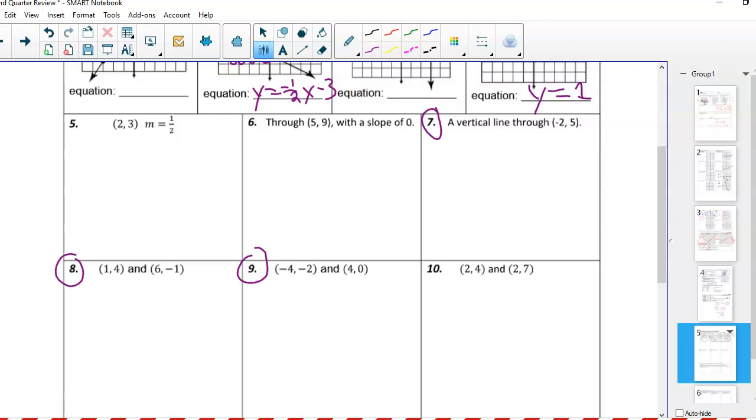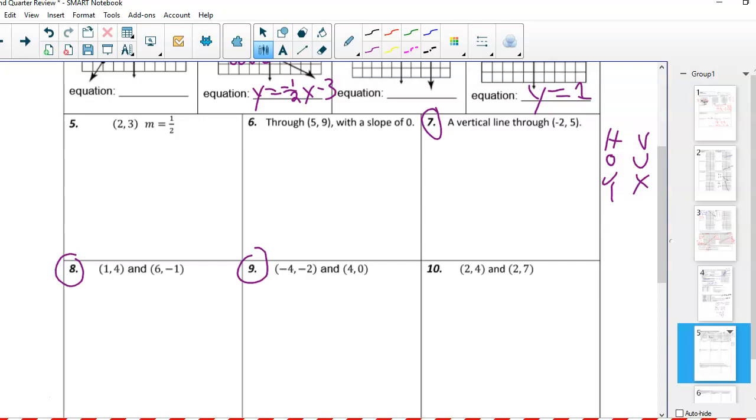Okay, so anytime it gives you a word problem like a vertical line through this point, or a slope of 0 or undefined, these two problems are very much the same. They're going to be solved very similarly. A vertical line is going to be x equals or y equals?